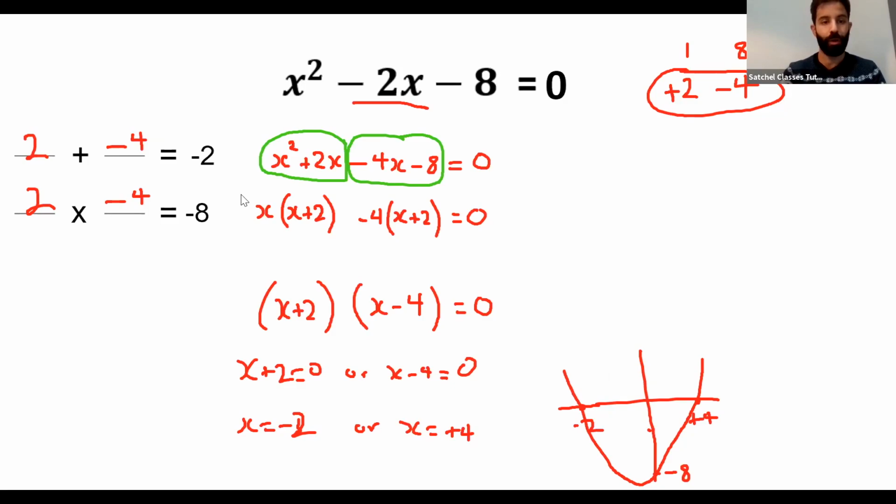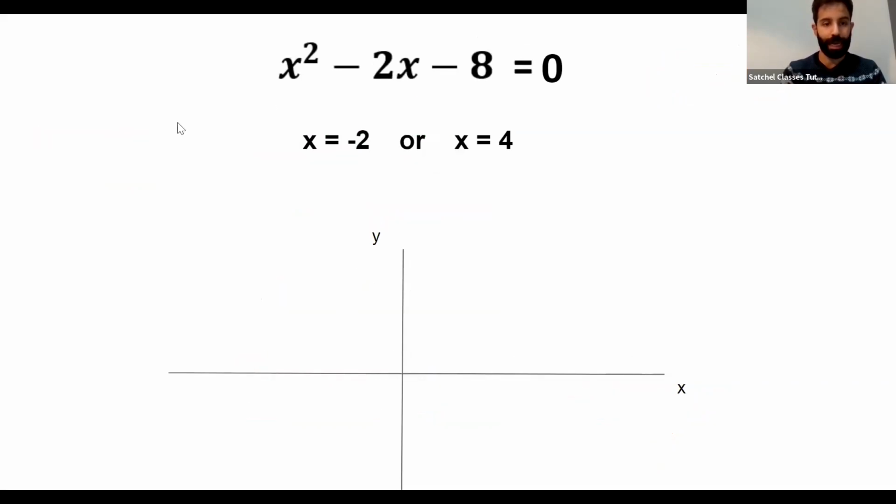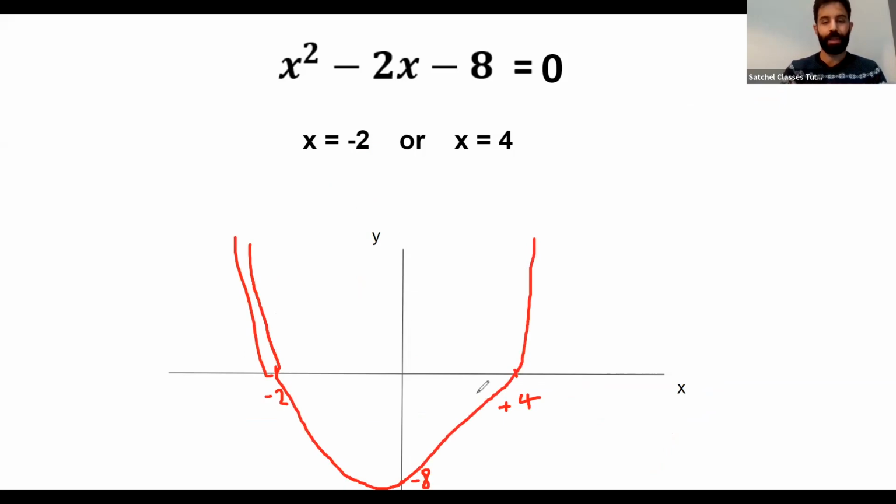Okay, moving on. Now let's try a worded problem that will involve quadratic equations. Now, again, I have actually got the axes here, so what I can do is clear all drawings. And again, just to do a recap, so minus 2 would be roughly here, positive 4 would be, say, there, negative 8 could be here, and our quadratic should go through here, intersecting at negative 8, and that's what it would look like.